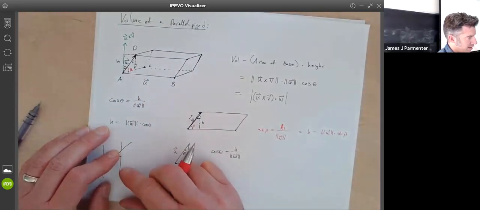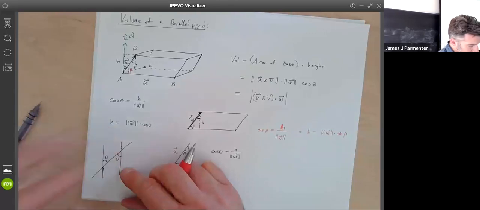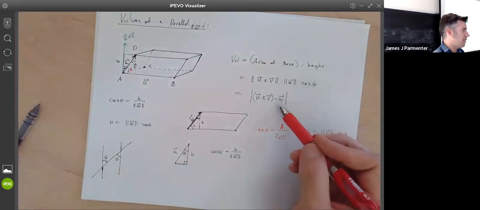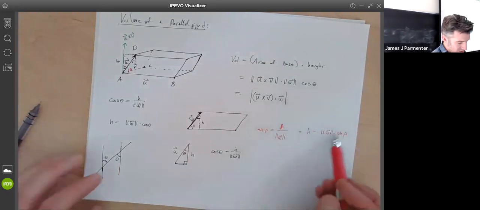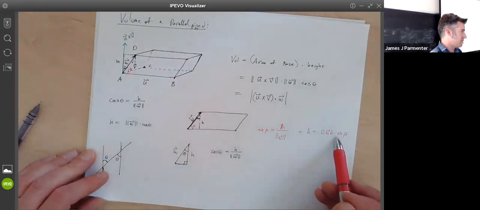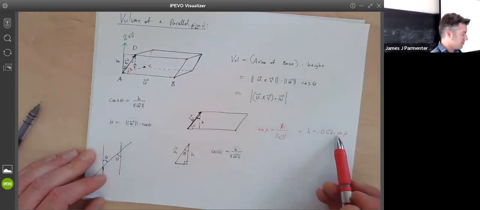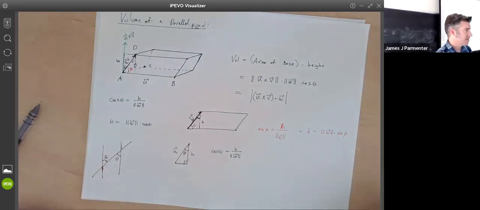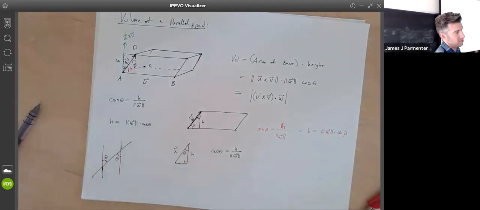But we'd rather use theta because it ends up giving us the nice dot product formula. You could use sine of beta instead, and then you get some terrible other cross product formula, which we don't want. So we picked theta because it gives us the formula that we like.